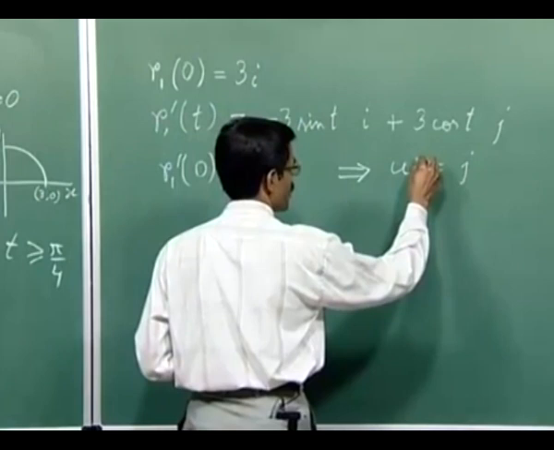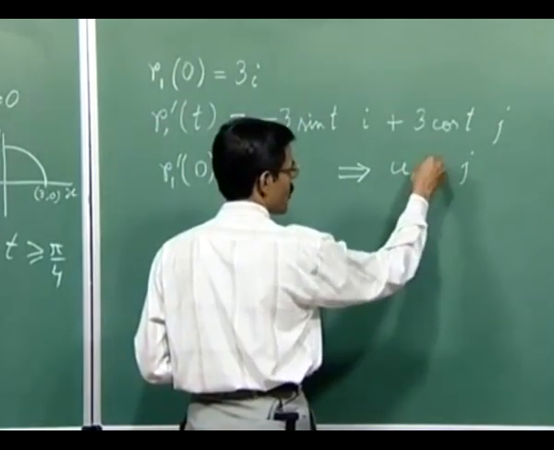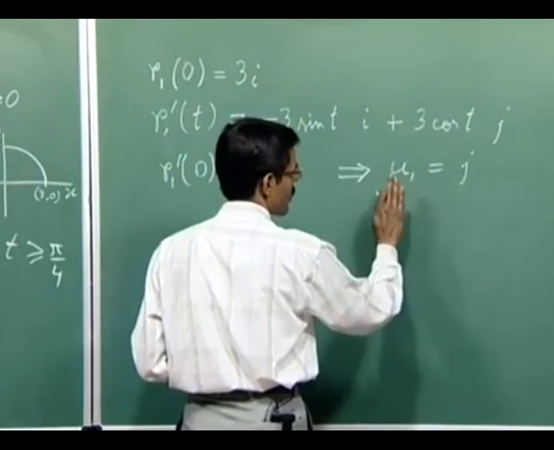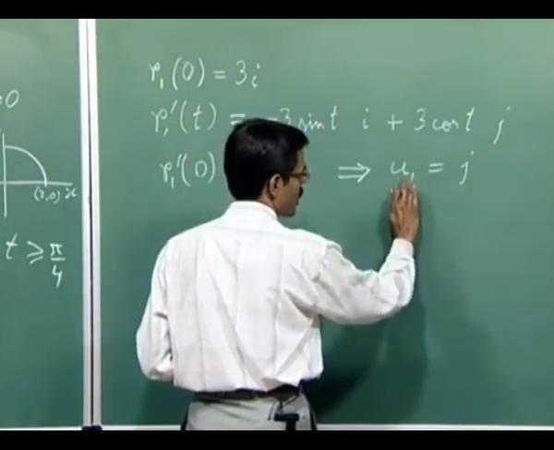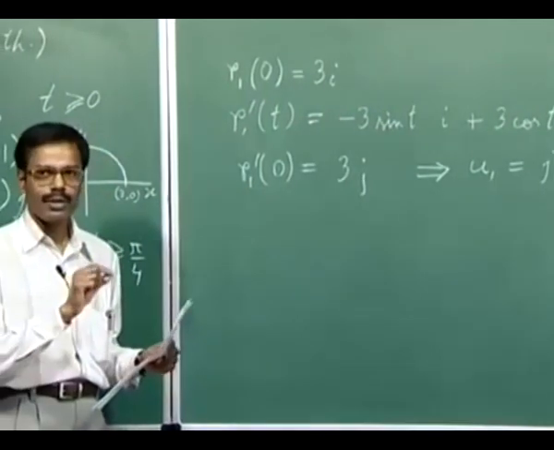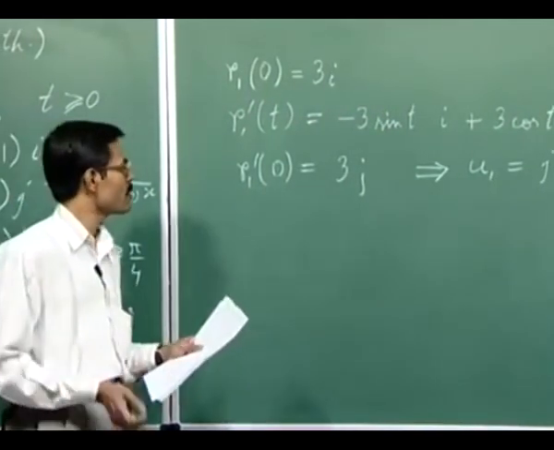Note that you can write u1 of 0, but to make the notation simple, currently we are writing it here. Understood is the fact that it is the starting point which is being analyzed right now.